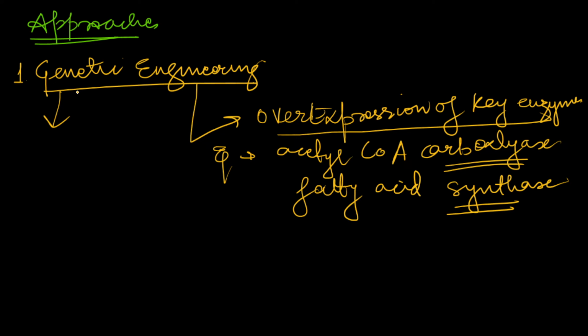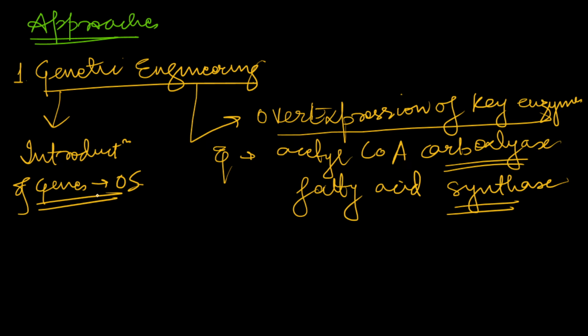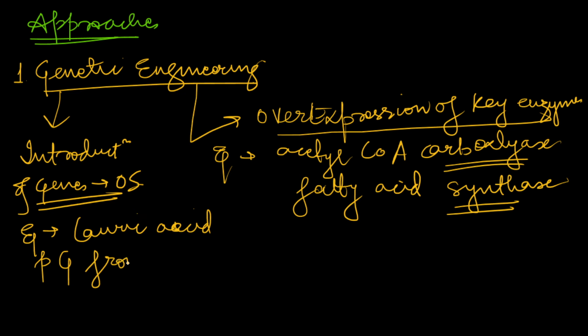Secondly, we can introduce genes from other species. For example, you can mention here that we can insert lauric acid producing genes from California bay into canola.